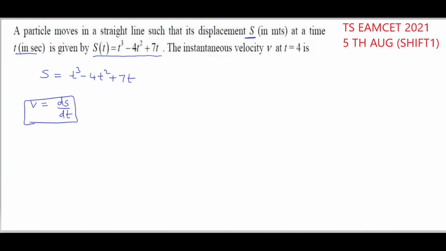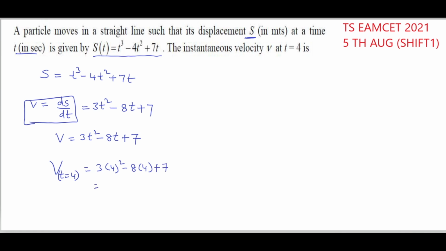Now we take differentiation: t^3 differentiation is 3t^2, minus 4t^2 differentiation, that is 8t, plus 7t differentiation, that is 7. Therefore velocity is 3t^2 - 8t + 7. This velocity at t = 4: substituting t = 4, that is 3 into 4^2 - 8 into 4 + 7.